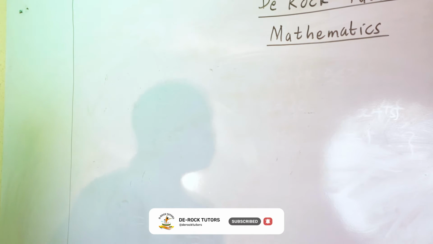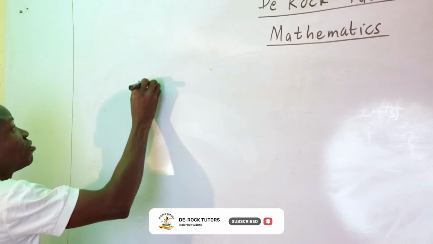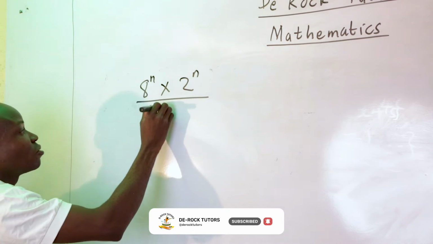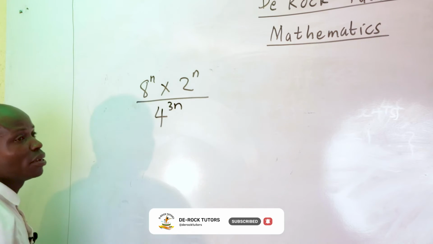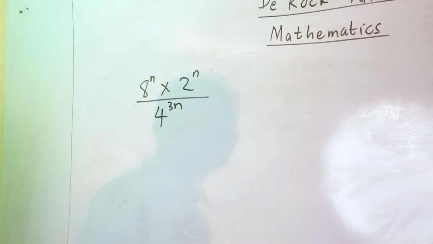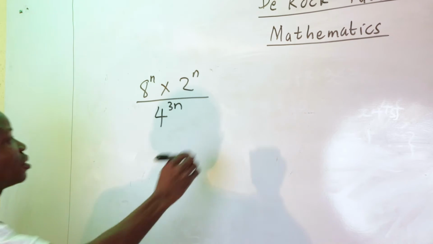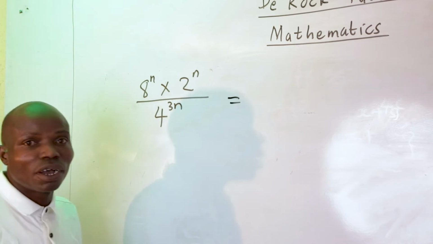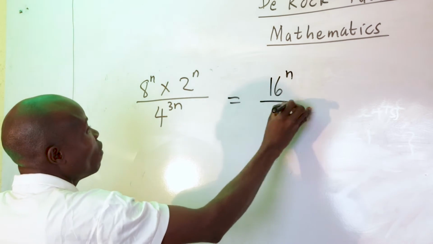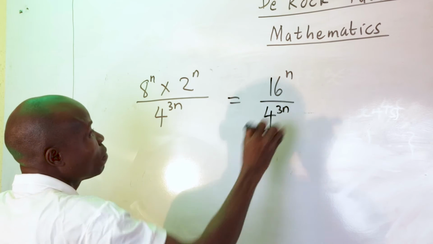Number 9. We are asked to simplify 8 raised to power n multiplying 2 raised to power n over 4 raised to power 3n. From the law of indices, 8 raised to power n multiplying 2 raised to power n gives us 16 raised to power n over 4 raised to power 3n.